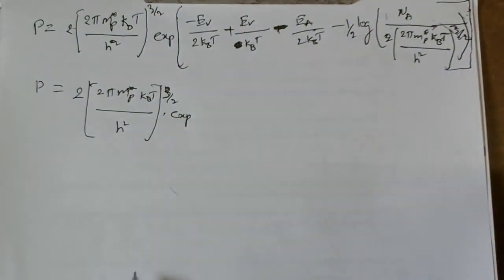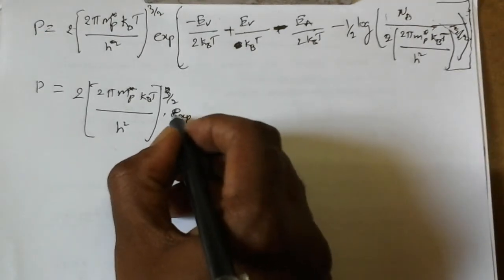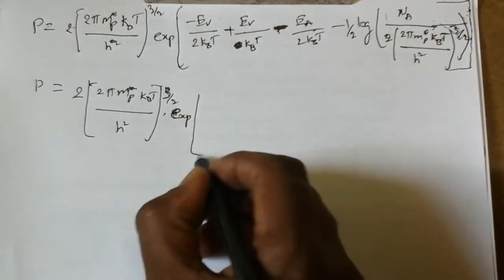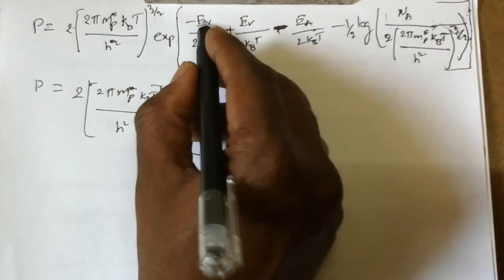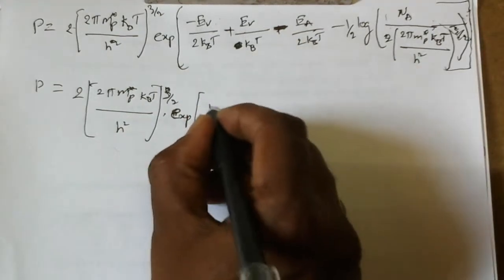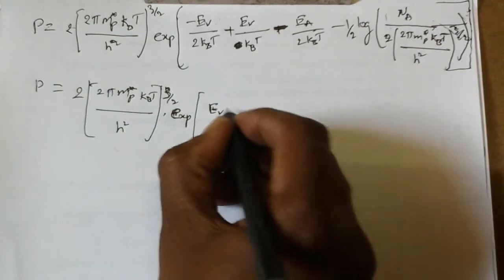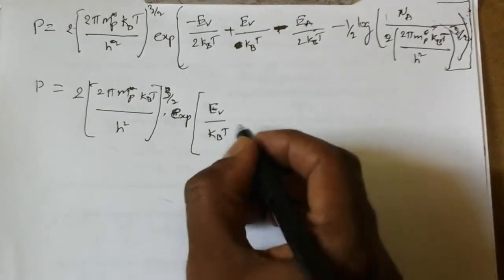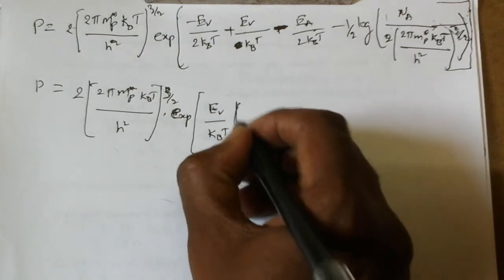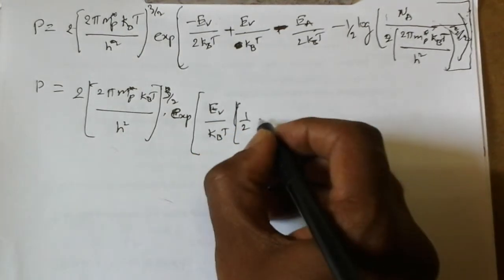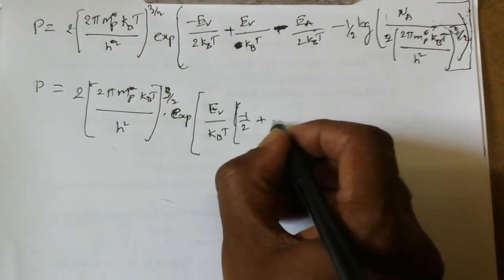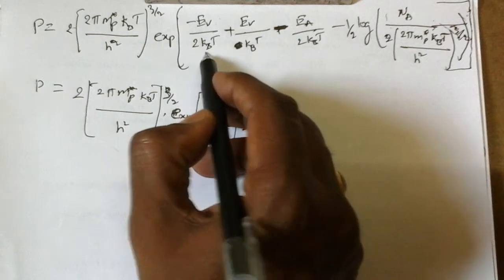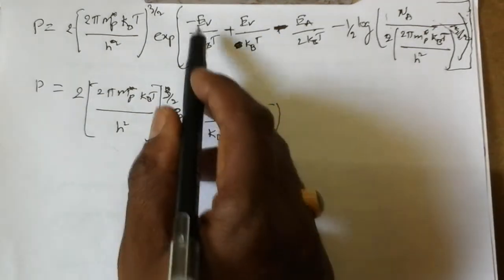Exponential into exponential. E_V by k_B T, take common. If you take E_V by k_B T common, it becomes like this: 1 by 2 minus 1 by 2 plus 1 is E_V by k_B T. Then what happens here?